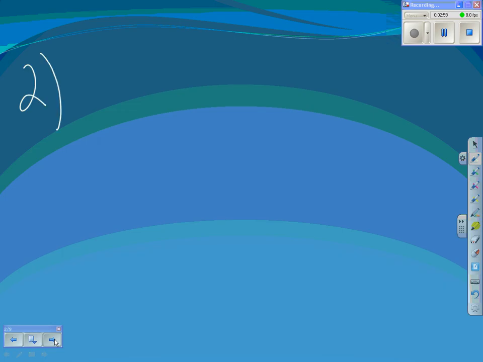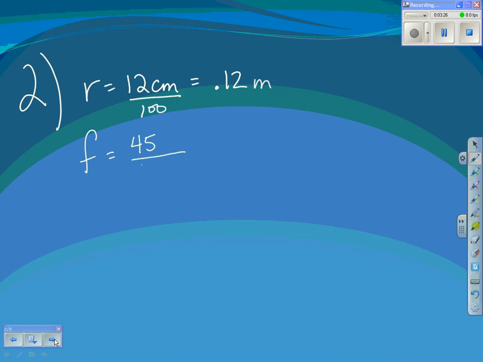Number 2, we're told that there's a radius to the scratch of 12 centimeters. You have to change that to meters, so it's 0.12 because you divide by 100 to get it into meters. And we are told that it skips 45 times each minute, so that is a frequency. Let me do that differently.